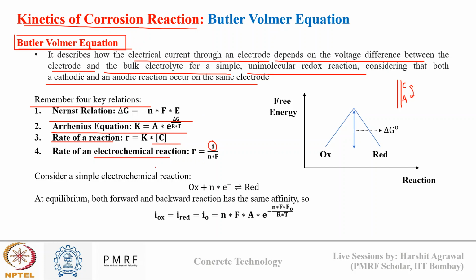Okay, so in the figure you can see how Gibbs free energy depends on the reaction. For converting a reactant into a product, each reaction requires a certain activation energy, which here in this figure is represented by delta G naught.